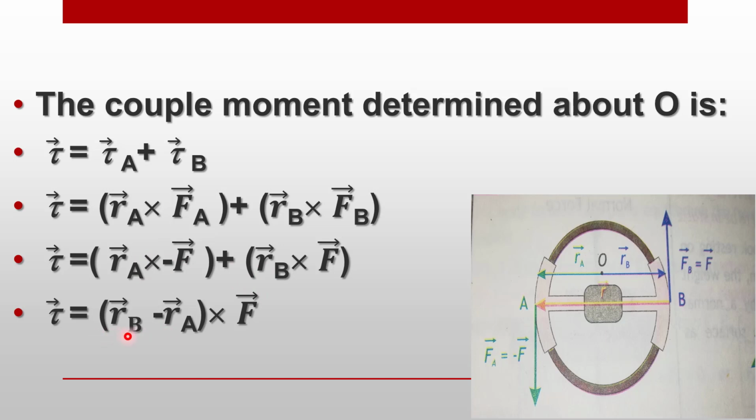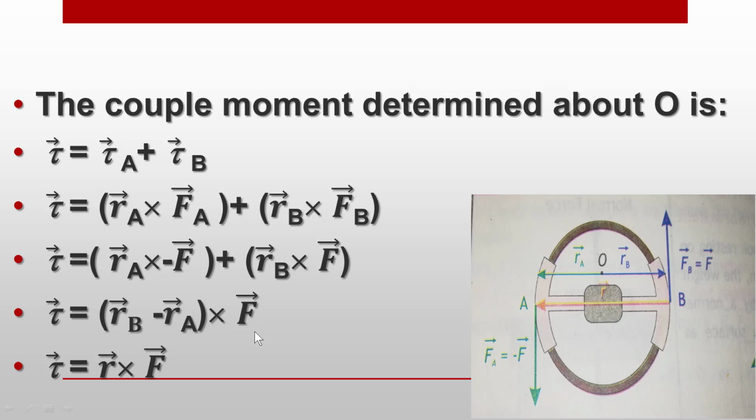This RB minus RA gives us the position vector R. The negative sign is just due to the direction. Just like we discussed in the case of position vectors, RB minus RA gives us position vector R. So tau is equal to R cross F.